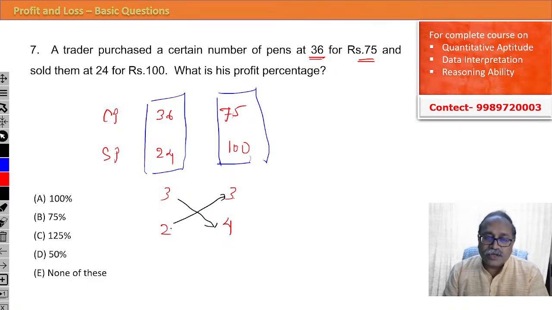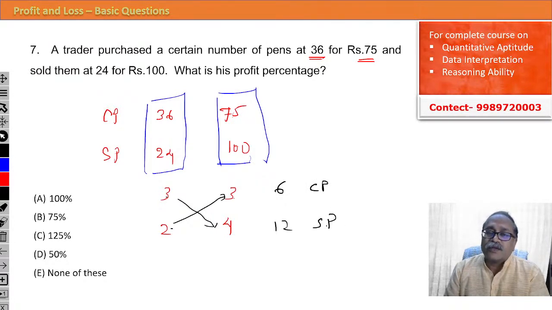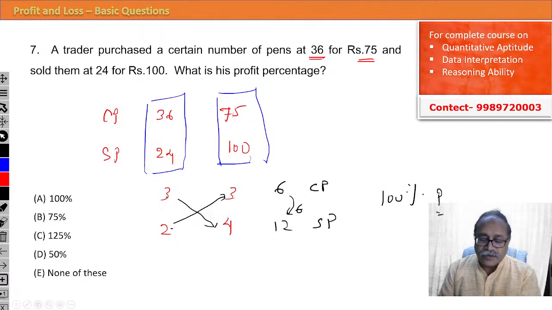So 3 into 2 is 6. This is CP, and 3 into 4 is 12. This is SP. Now आपको सीधा दिख रहा है, there is a profit of 6 over 6. That's a 100% profit. Did you answer it, Nilambat? Madhav Reddy?